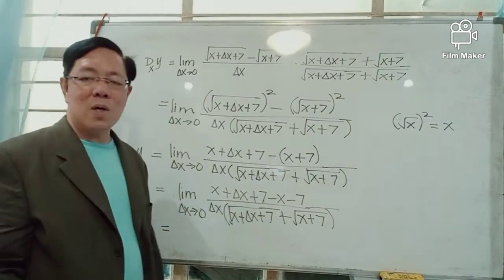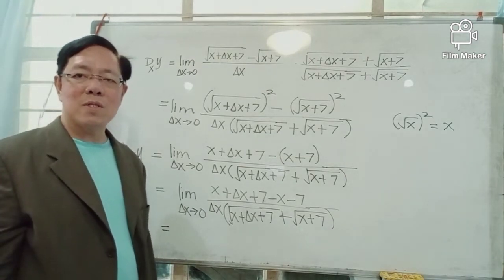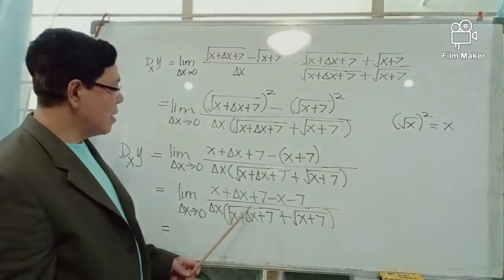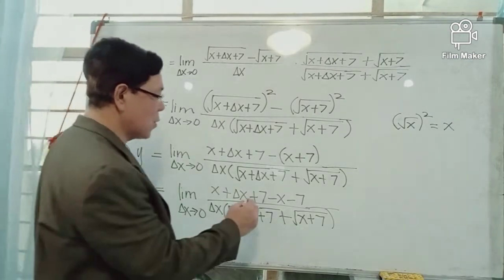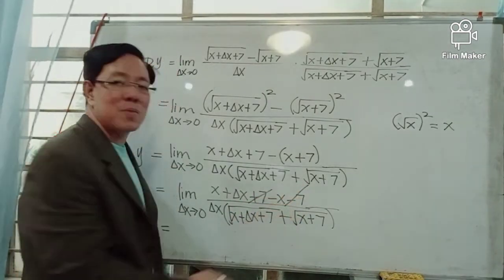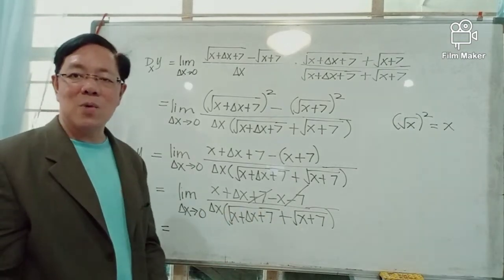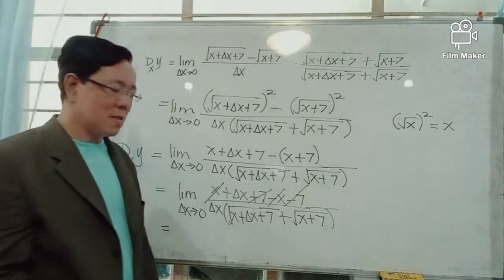Now cancel what can be cancelled from the numerator. You look for the terms that will add up to 0 and cancel them. Like positive 7 minus 7, they will add up to 0, so we cancel positive 7 and negative 7. And positive x and minus x add up to 0, so we cancel x and negative x.